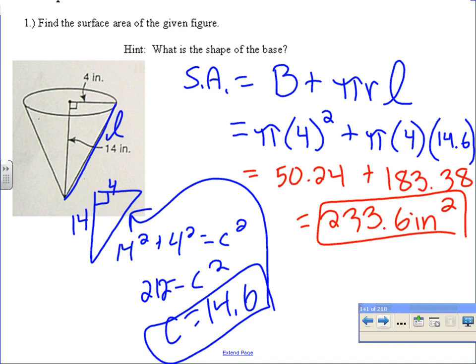Did you get 183.38 for the second one? Okay, so you probably just multiplied wrong. 3.14, Steve, times 4 times 14.6. Okay, add them together. 50.24 plus 183.38 is 233.